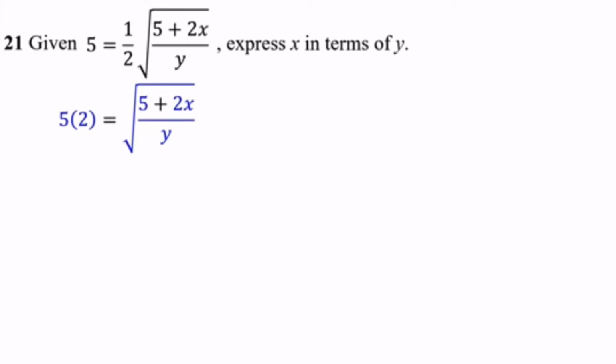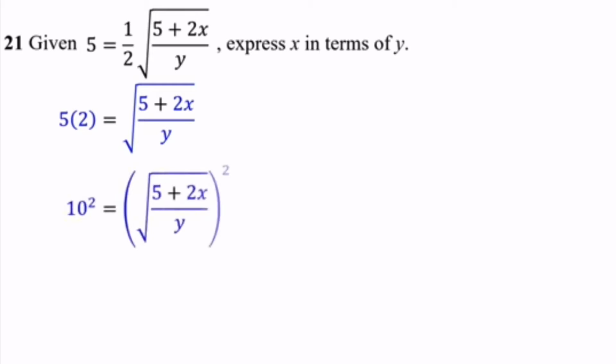So the first step is you take 5 times 2, which is equal to the square root of 5 plus 2x over y, and then you have 10. When you square, it becomes 10 squared, and the square root of 5 plus 2x over y, when you square, cancels out the square root.